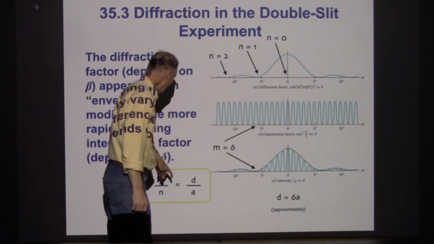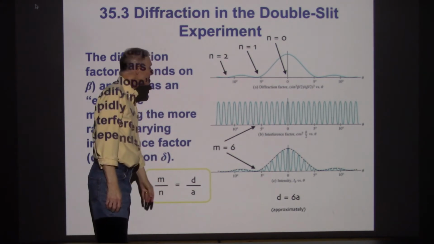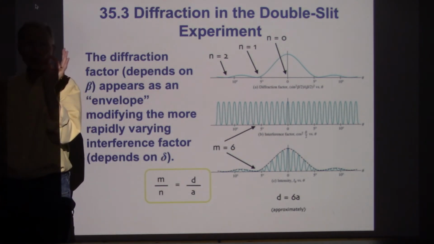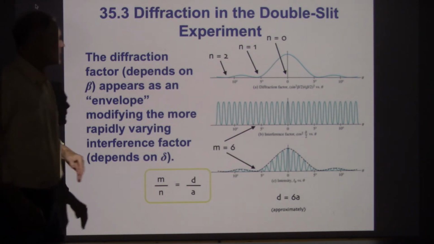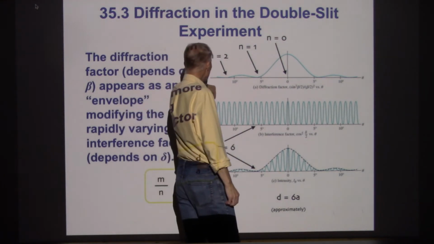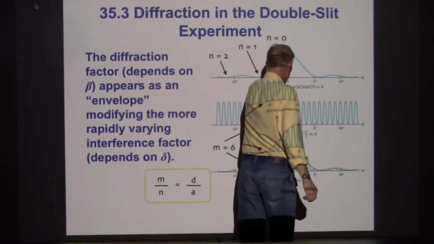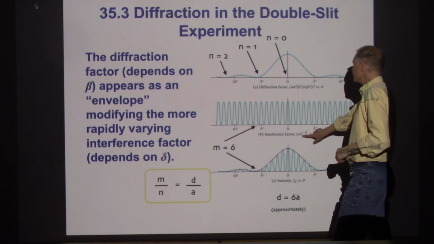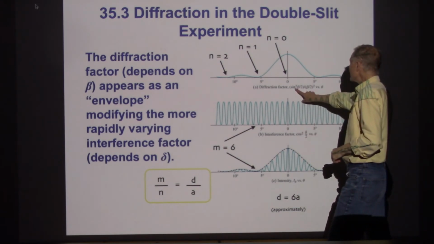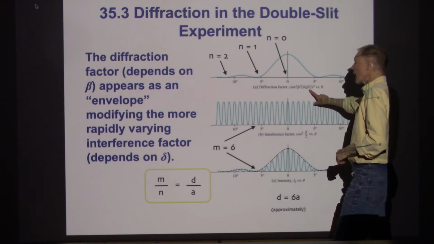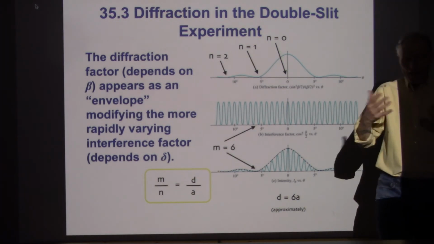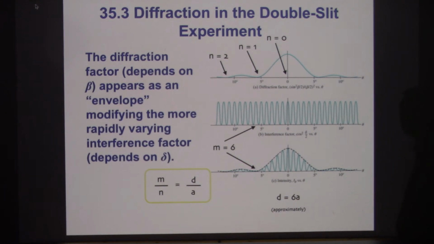If I had two slits separated by distance d, but the widths were truly infinitesimal, shrunk down to basically nothing, then on a circular screen, I would have this. So this is my pure cosine squared factor. This is my sine squared over n pi squared factor. Now, in realistic cases, we're going to have both effects happening together.